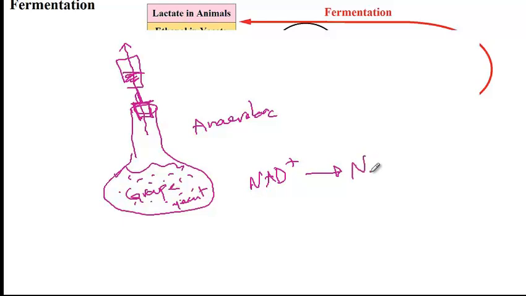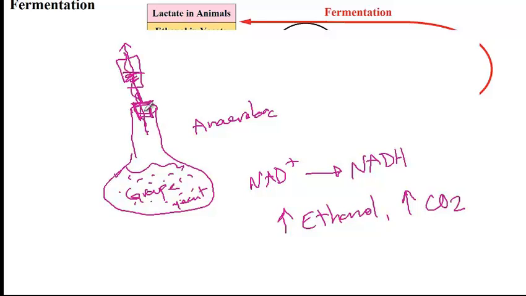And so NAD plus will be regenerated, but then there will be also increased ethanol production and increased CO2. And that's why you will see that bubbles keep coming out of the container. It's because the CO2 is being released throughout this fermentation reaction in order for glycolysis to carry on.